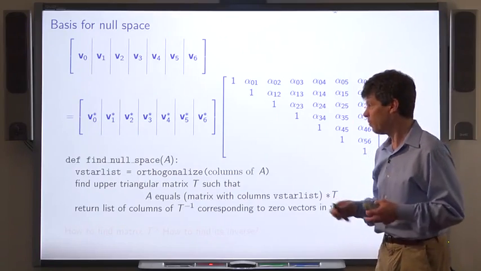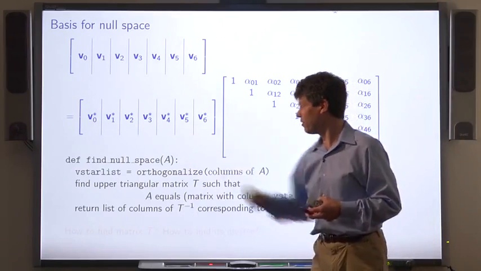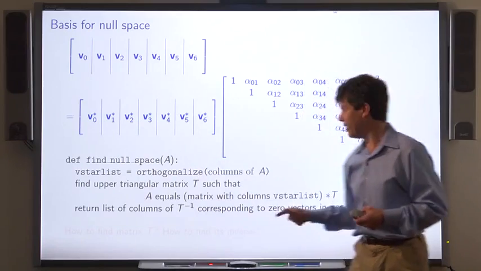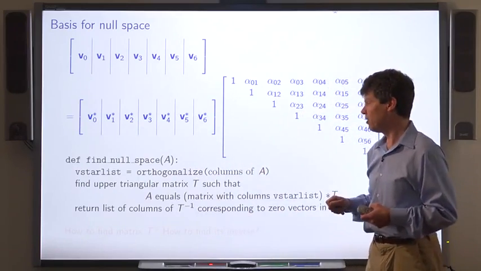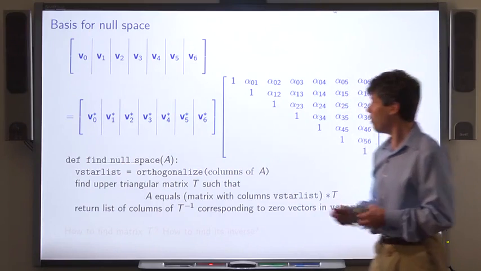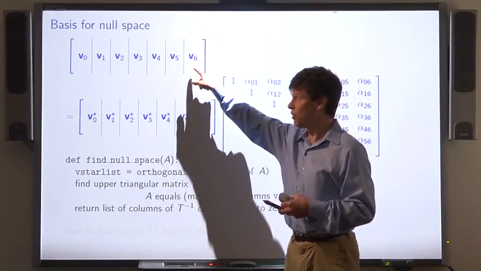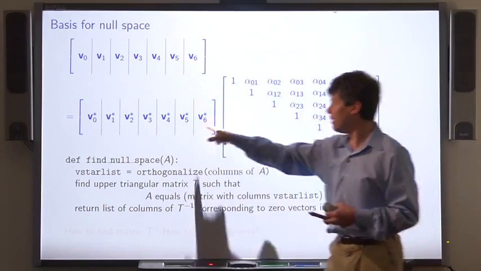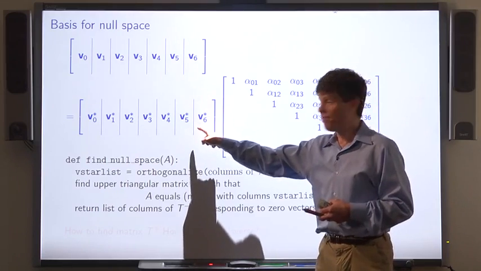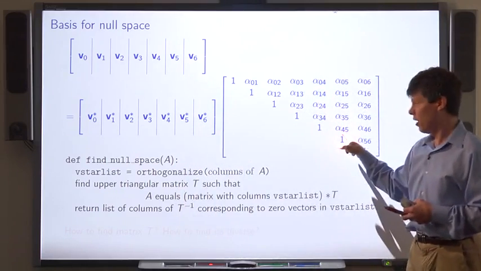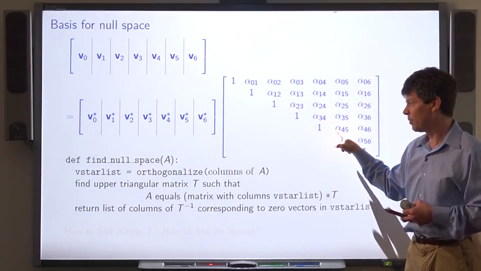So let's review the algorithm. To find the null space of a matrix, we apply orthogonalize to the columns of that matrix and find the upper triangular matrix T such that the original matrix equals the matrix whose columns are the output vectors times the triangular matrix.